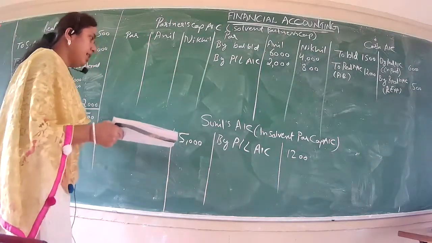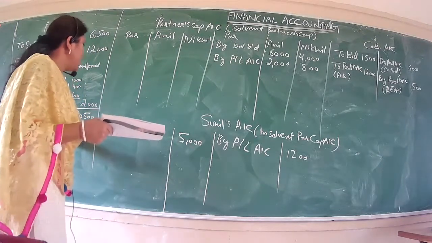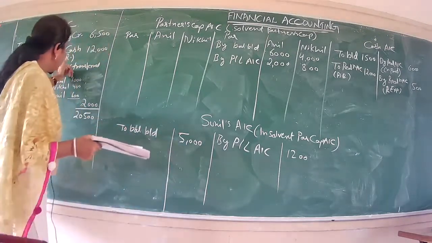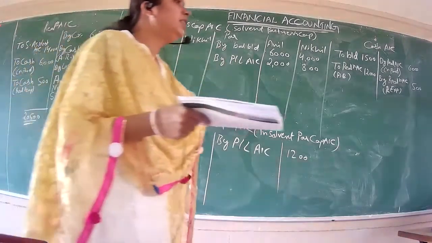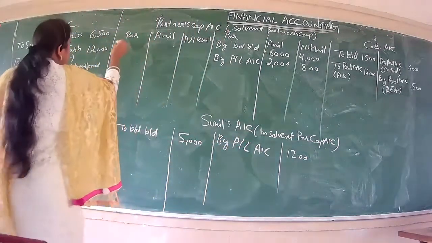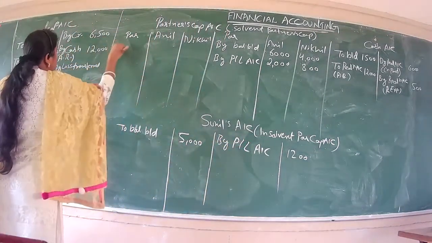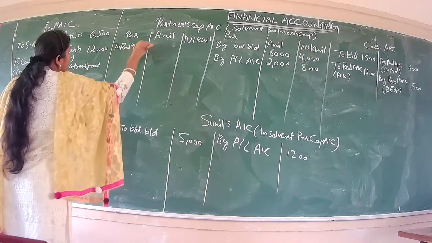Fine. And if you remember, as per these steps also, we need to close first the realization account. And whatever loss and profit is going to arise, we have to transfer to their capital account. So now we'll do that. Okay, we'll transfer. That is your to realization account.